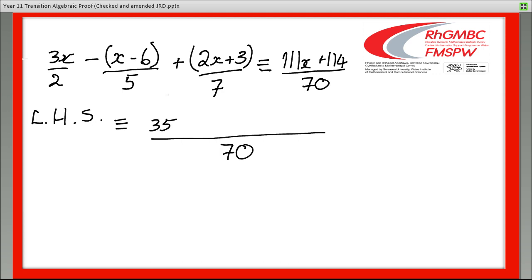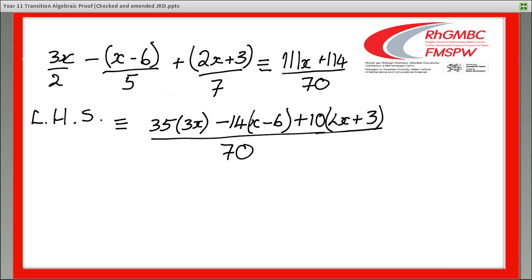So it's all going to be over 70. So 2 goes into 70 35 times. So we're going to do 35 lots of 3x. Then we're going to do minus 5 goes into 70 14 times. So it's 14 lots of x minus 6. And then plus 7 goes into 70 10 times. So it's 10 lots of 2x plus 3.